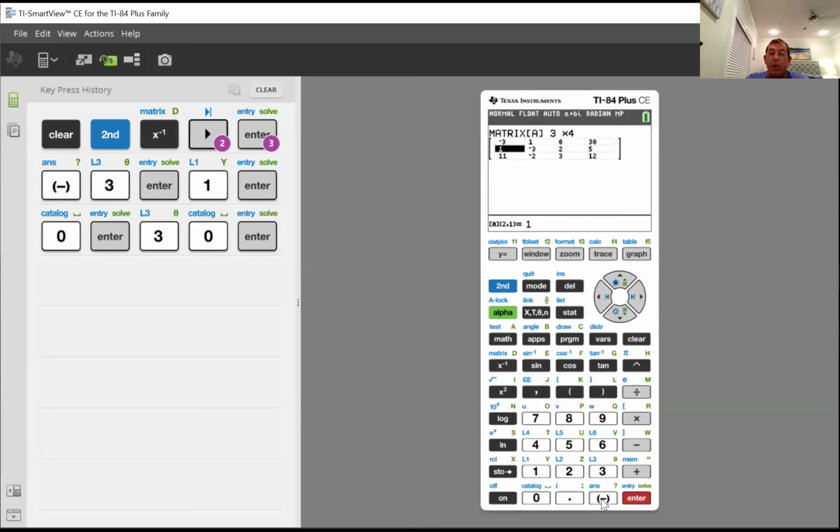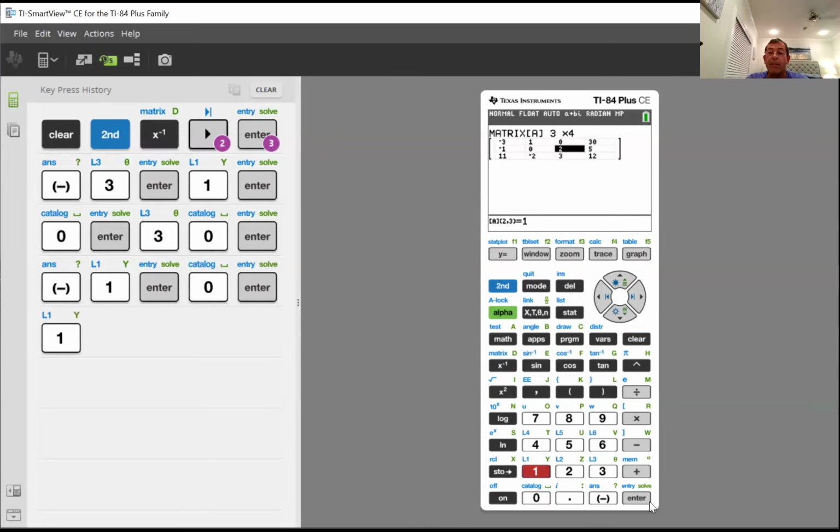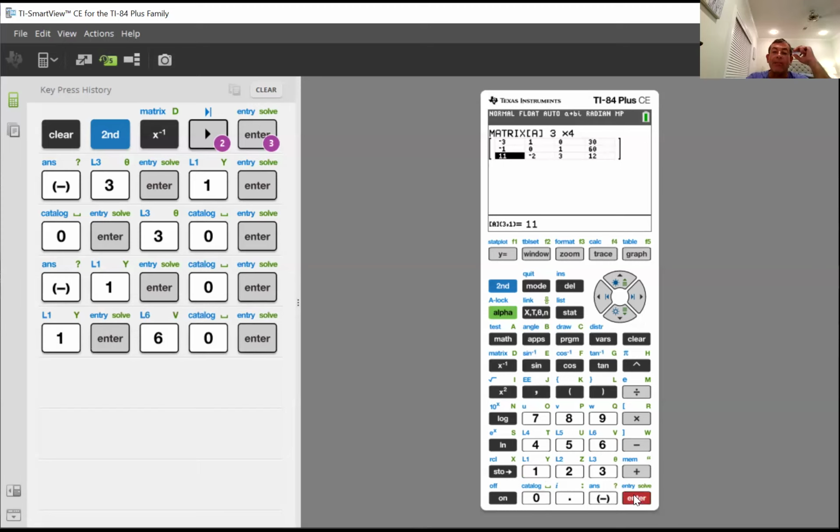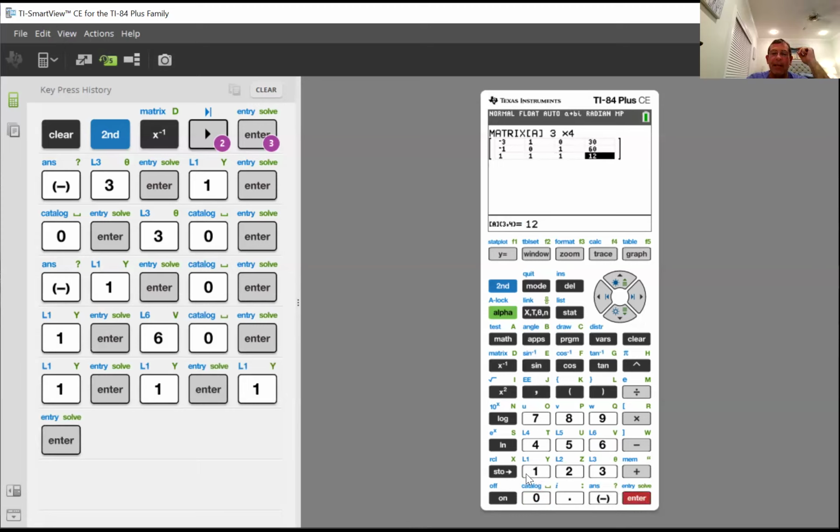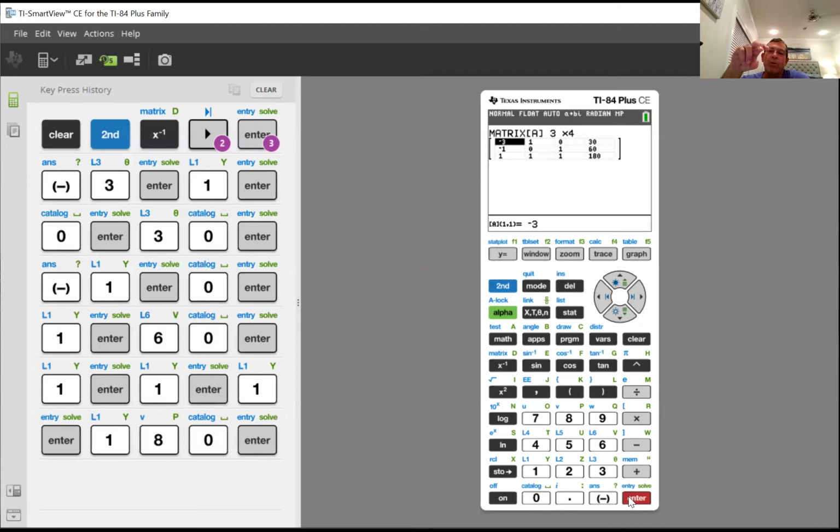Second row, I had -1 for the A, 0 for the B, 1 for C, and that row equaled 60. And then y'all, the last row, 1A, 1B, 1C equaled 180. And enter after that 180. And then it always puts the little highlighted box back up in the left corner. So we got this matrix in. So now I hit second mode to quit.